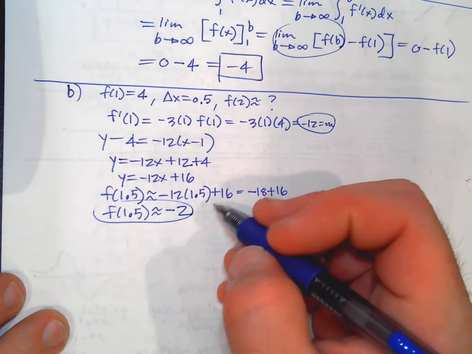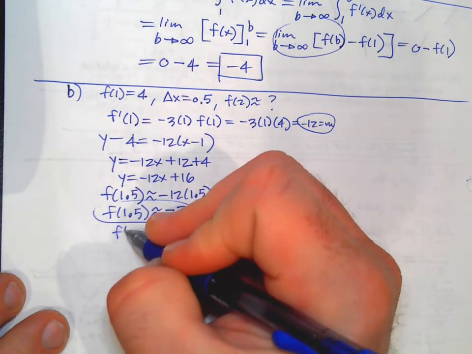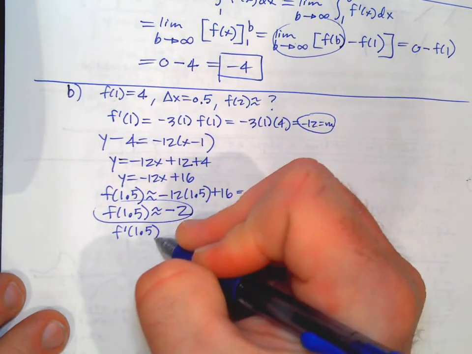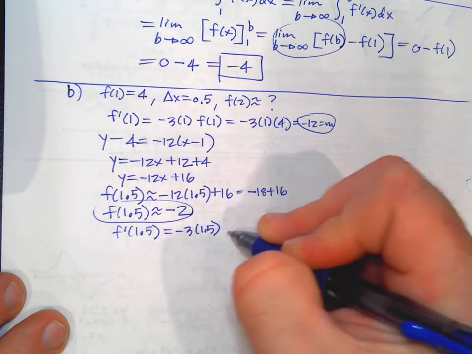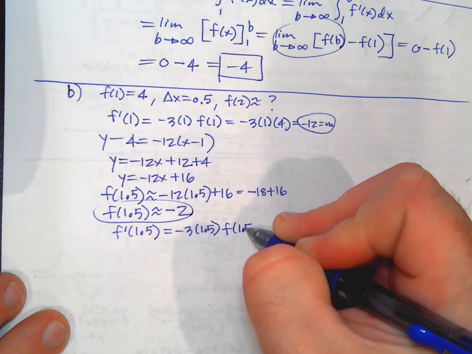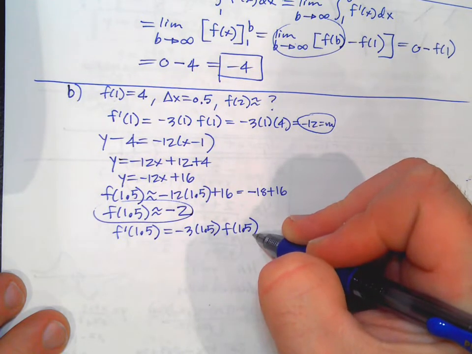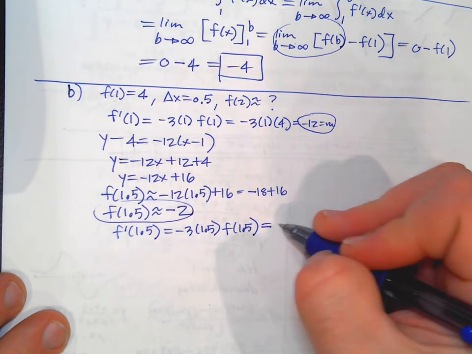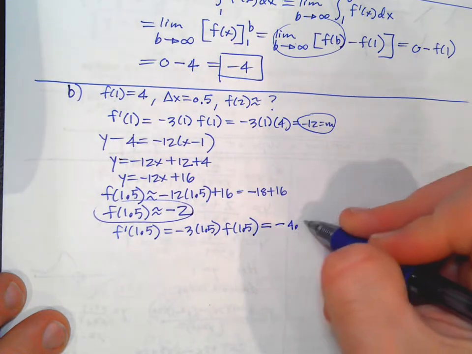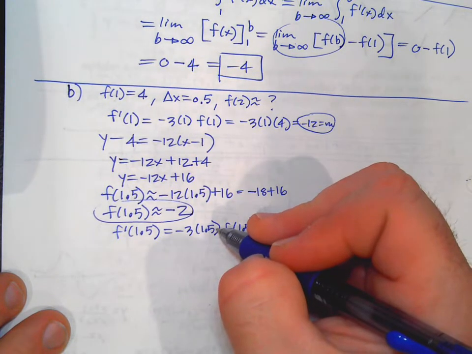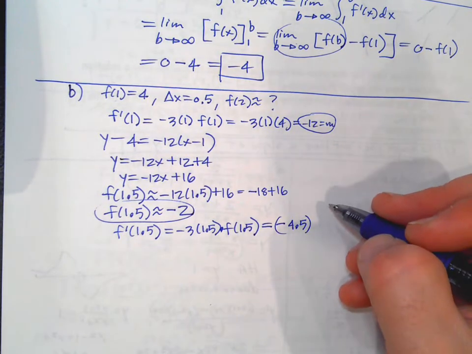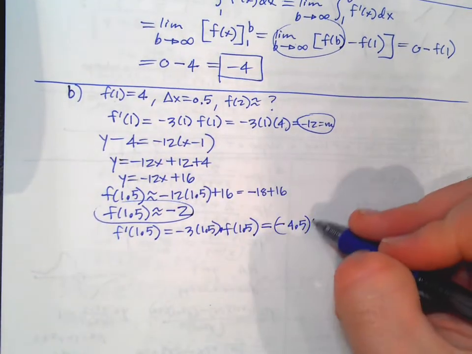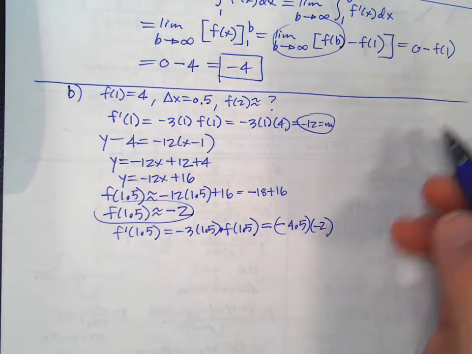Okay, let's do it again. So now f prime of 1.5 equals negative 3 times 1.5 times f of 1.5. And so that's going to be negative 4.5. Now for f of 1.5, I guess we're going to just use our last approximation.